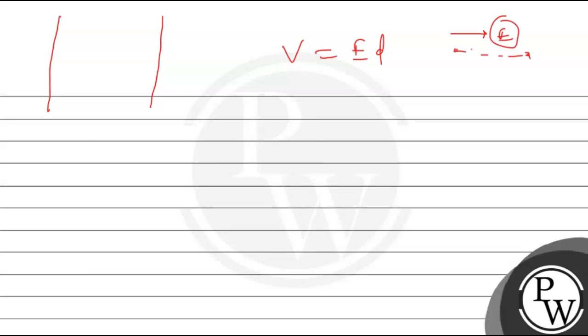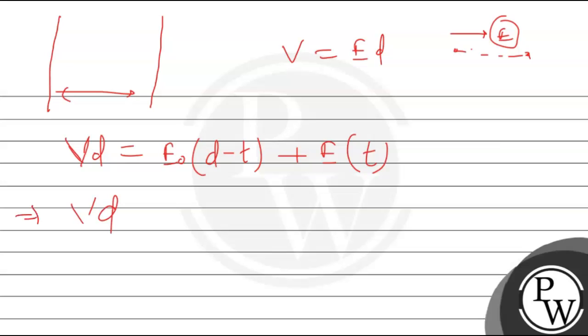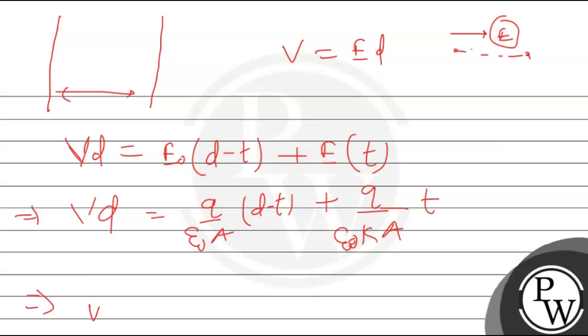So here also we can calculate the potential difference between these two plates equal to E naught into the distance, which is D minus T, plus E, which is the electric field in the dielectric material, into the thickness T. So its value comes out to be Q upon epsilon naught A into D minus T plus Q upon epsilon naught K into A into T.